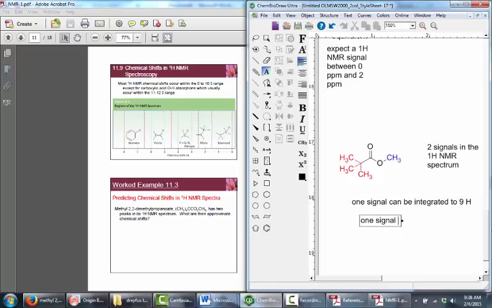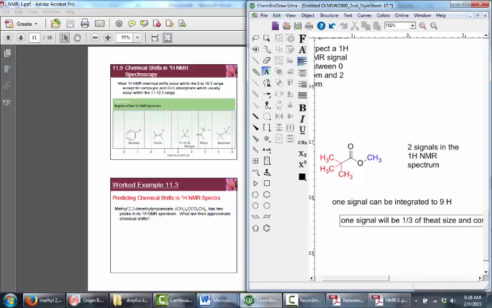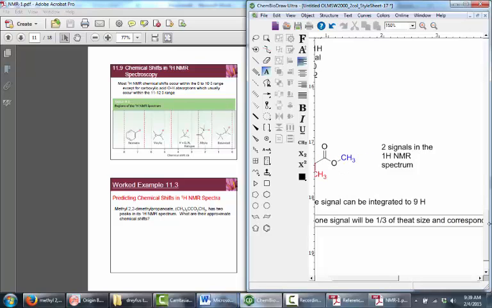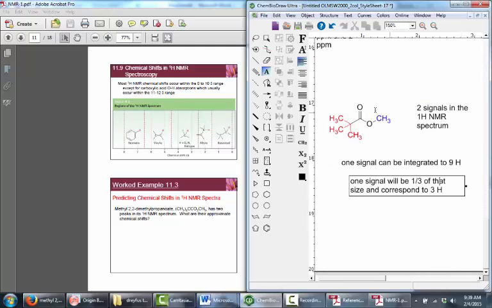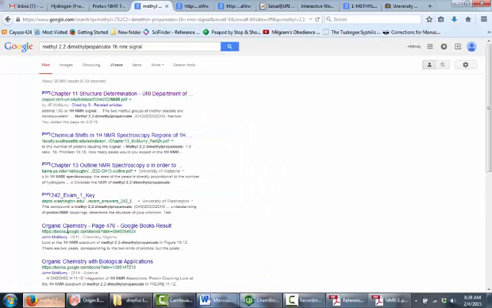And one signal will be 1/3 of that size and correspond to 3 protons. And that's going to be the one that corresponds to the methyl group directly attached to the O over here, this methyl group. So again, if I look at what that spectrum actually looks like, let's see if we can pull that up.